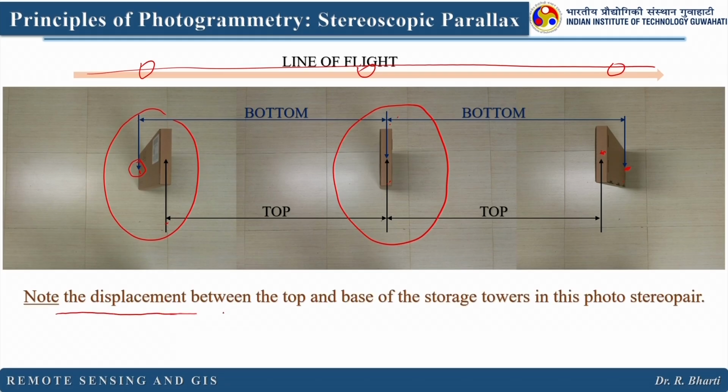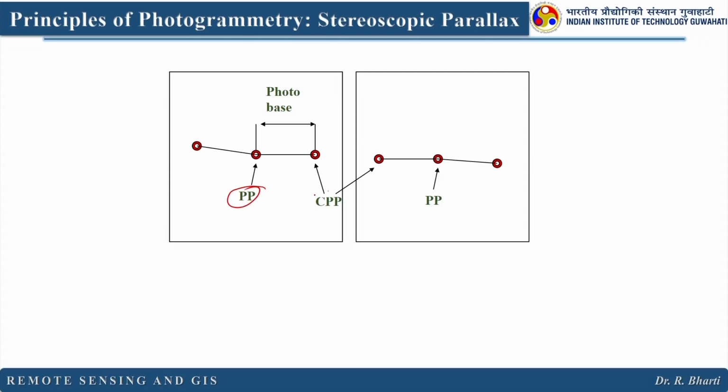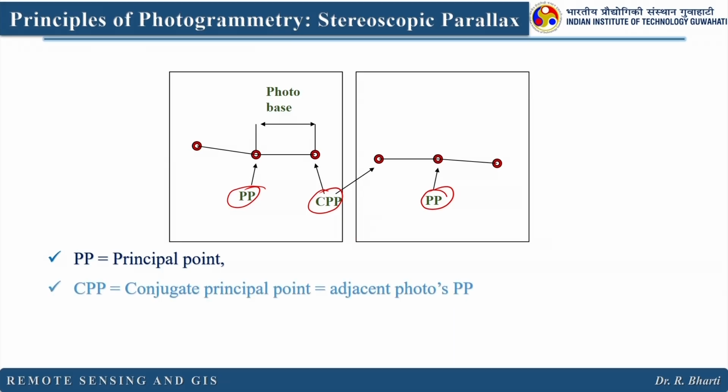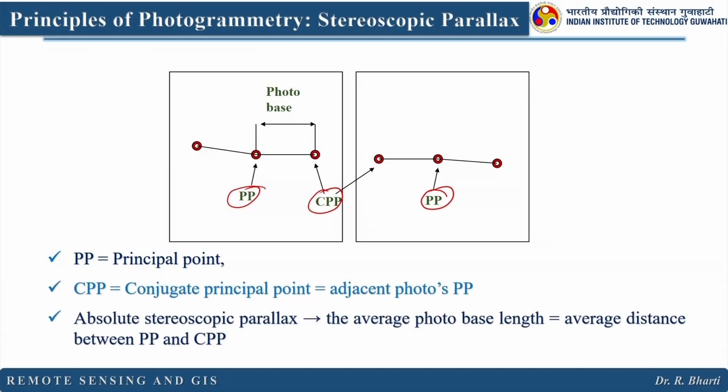Note the displacement between the top and base of the storage tower in this photo stereo pair. Now, here we have PP, CPP, and this is another CPP and PP. Once you have that, you can easily calculate the absolute stereoscopic parallax, which is the average photo base length, the average distance between PP and CPP.